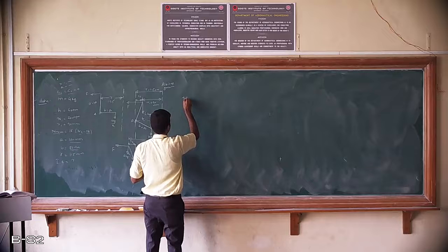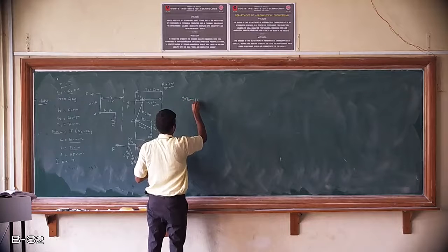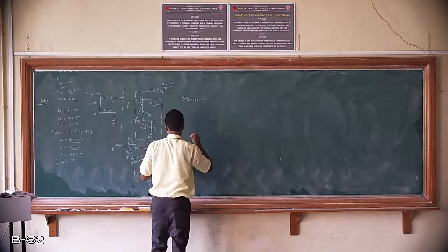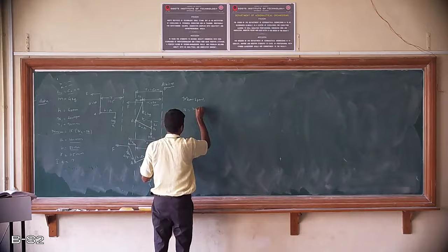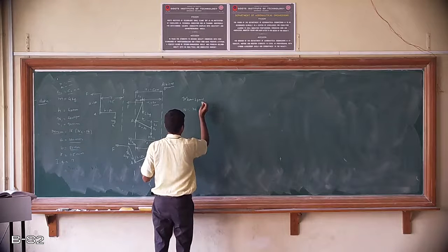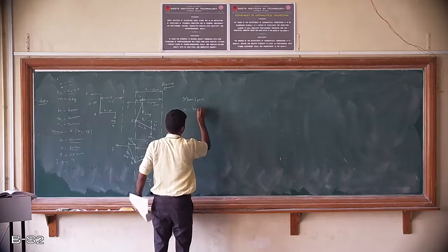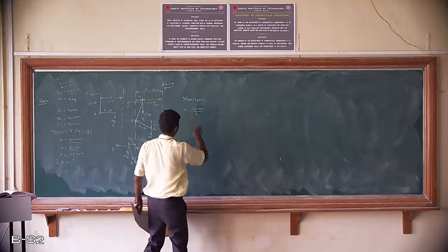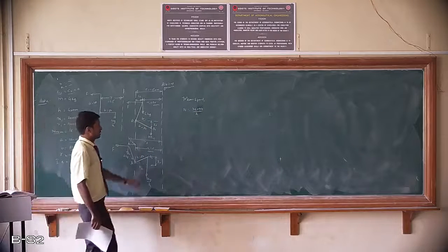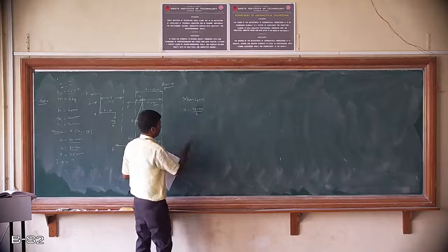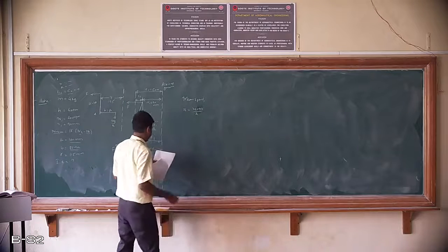We know that the mean speed is nothing but N is equal to N1 plus N2 divided by 2.